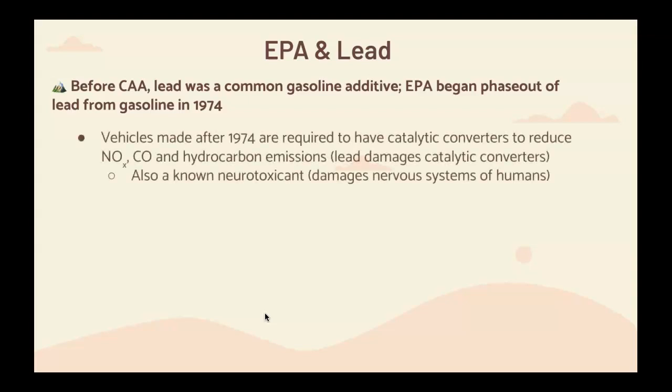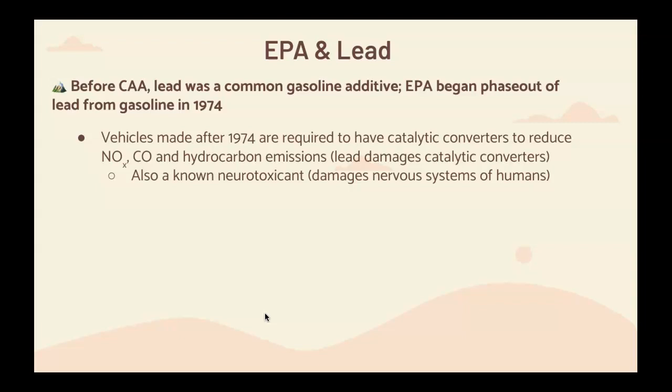After 1974, all vehicles manufactured in the US were required to have a catalytic converter, which is a pollution control device on the tailpipe, which reduces the nitrogen oxide emissions and also reduces our carbon monoxide emissions. But the reason that we started to phase lead out of gasoline is because lead actually damages the catalytic converters, and also it's known as a neurotoxicant.